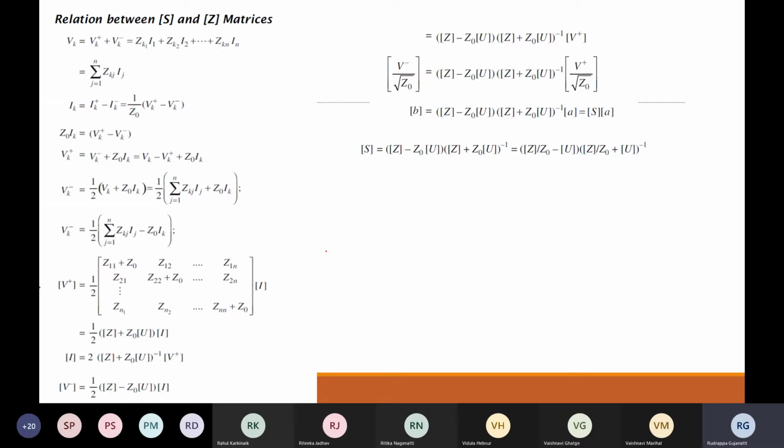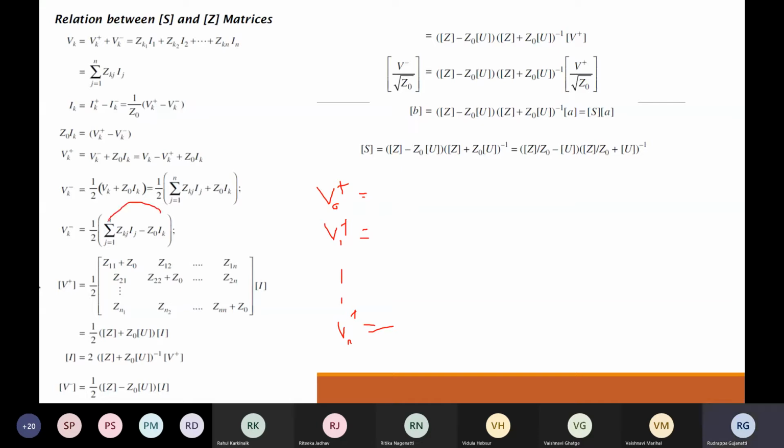And if I represent those in a matrix form, we will obtain a matrix in which we'll be having V0 plus, V1 plus, up to Vn plus.